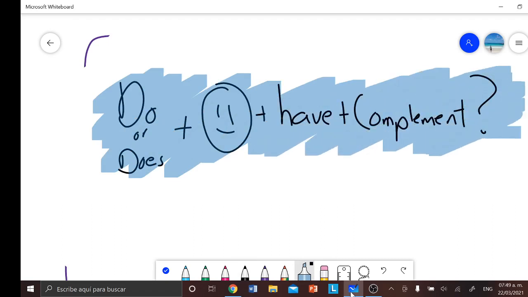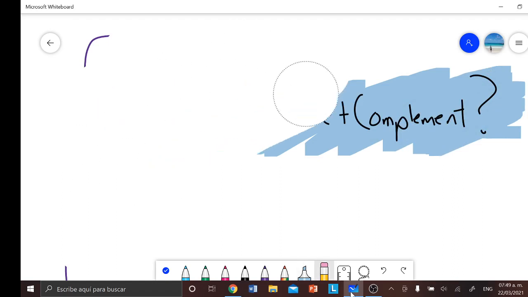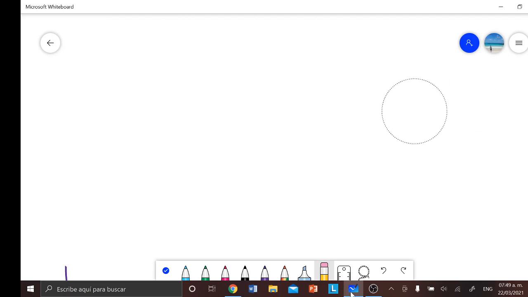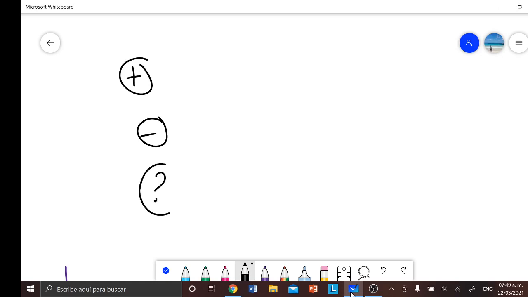Okay, so pretty much the activity that we're gonna be doing, la actividad que vamos a hacer, I'm gonna be pretty much telling you, alright, I'm gonna be having affirmative or negative sentences, and then you will have to create a simple question form with the information provided.